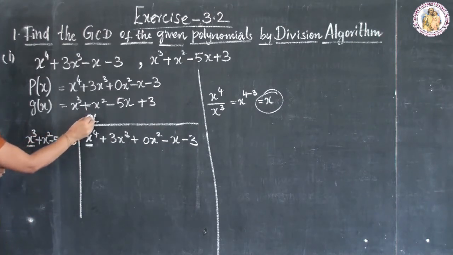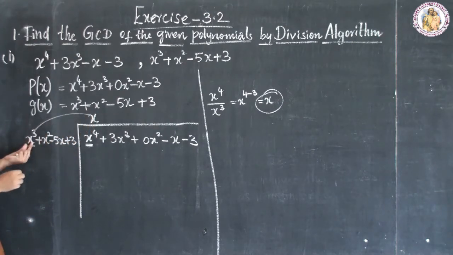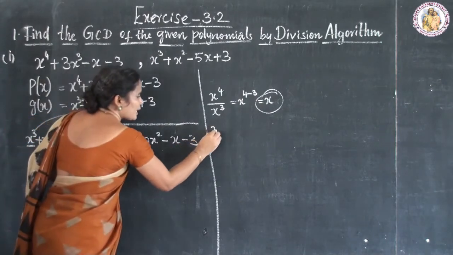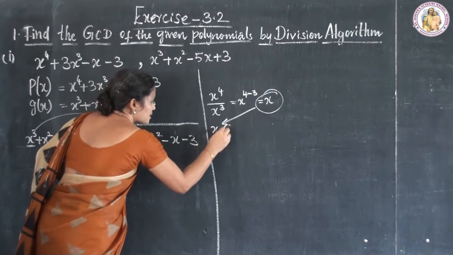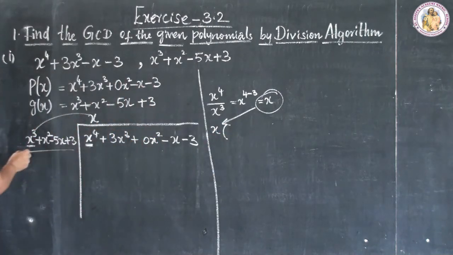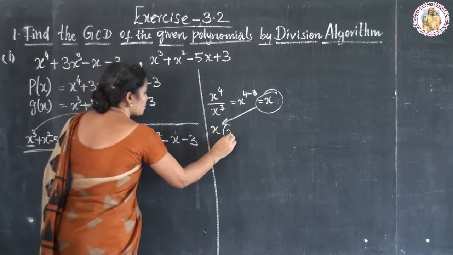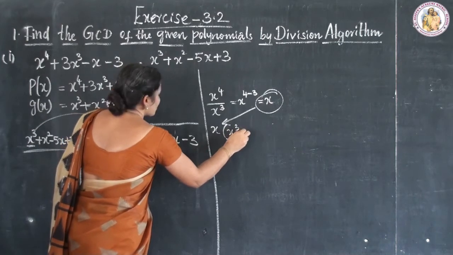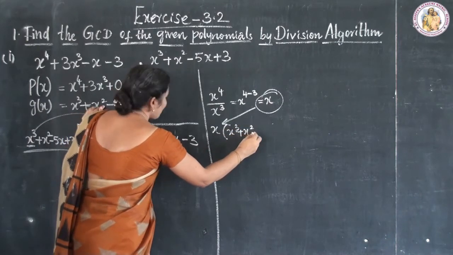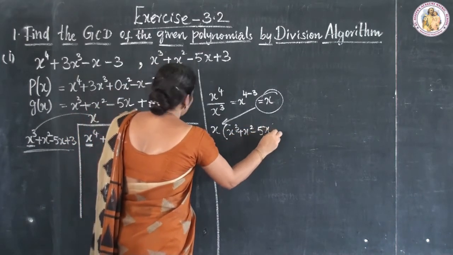So now multiply x into g of x: x cube plus x square minus 5x plus 3.